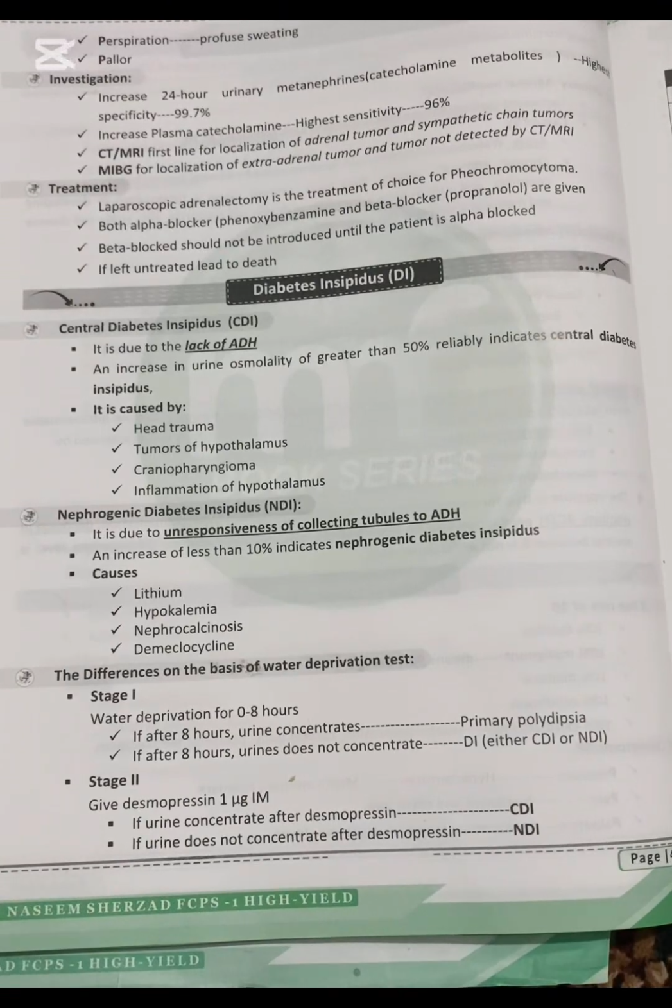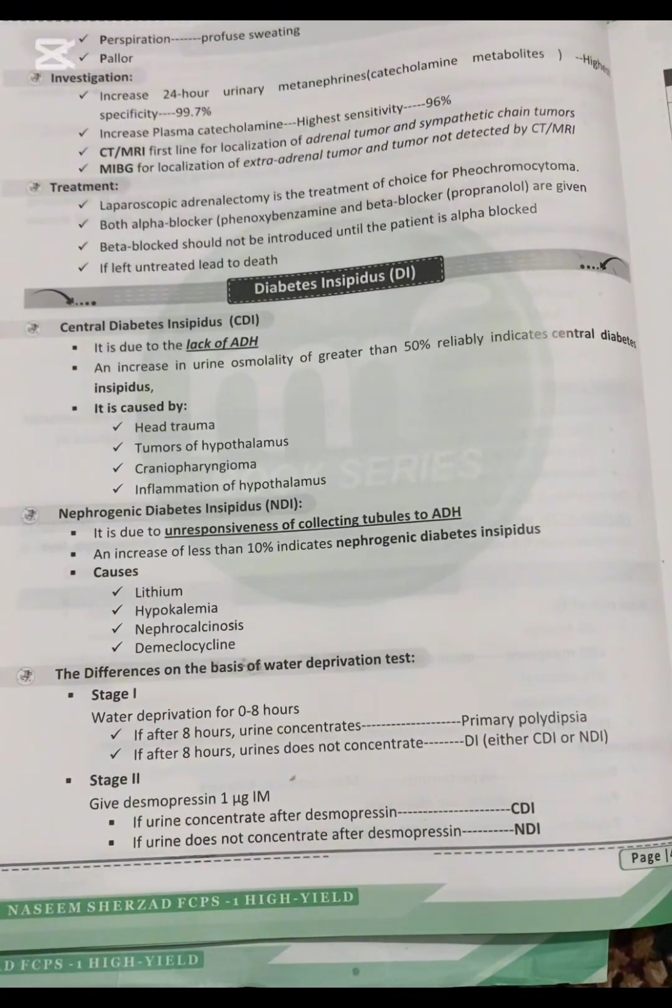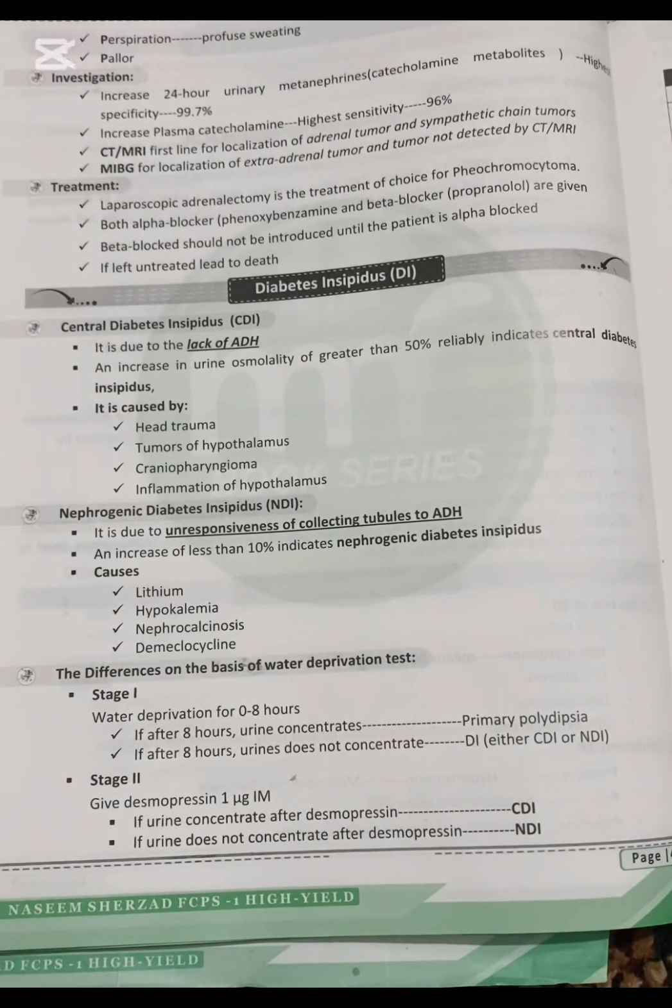And for investigation, the gold standard is the increased 24-hour urinary metanephrine, which is actually a metabolite of catecholamine, so don't confuse it. The plasma catecholamine has the highest sensitivity, that is 96%. CT-MRI is the first-line investigation for localization of adrenal tumor and sympathetic chain tumor, right?